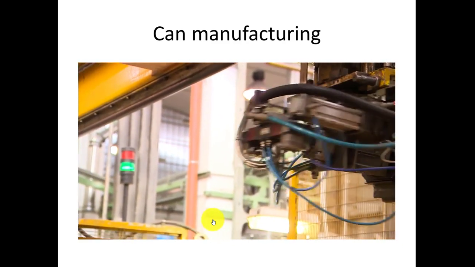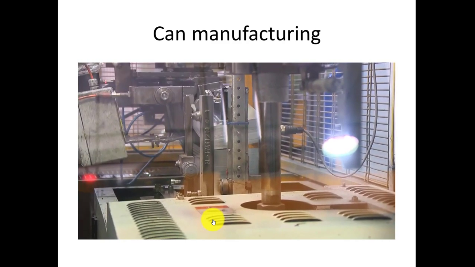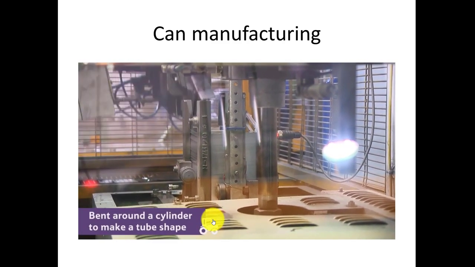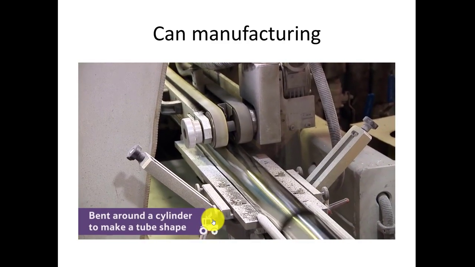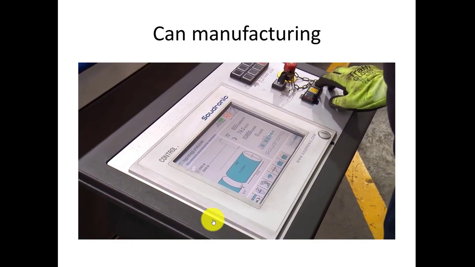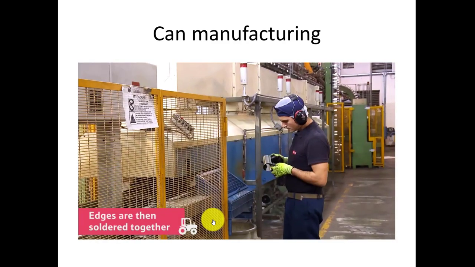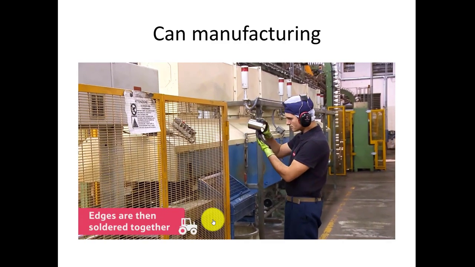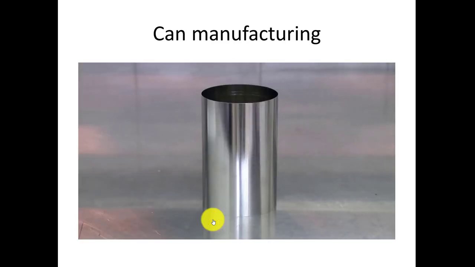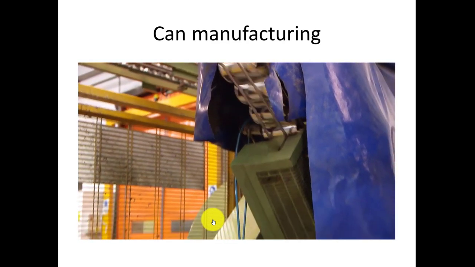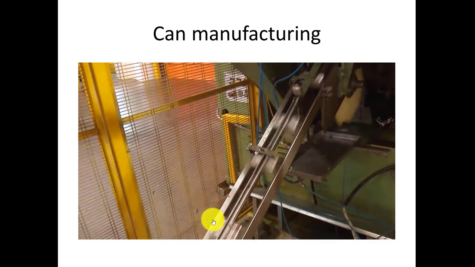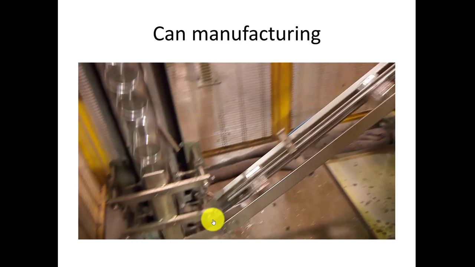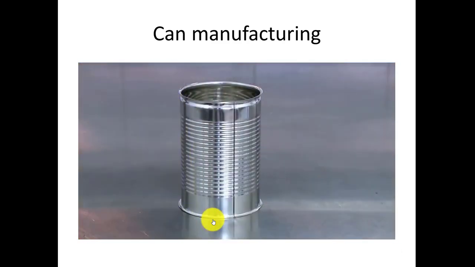Next, the smaller rectangles of metal are taken to this machine, where they are bent around a cylinder to make a tube shape. The edges are then soldered together by this machine. The metal can now hold its shape without falling apart. The can then passes into this machine, which strengthens it by adding these ribs called beads.